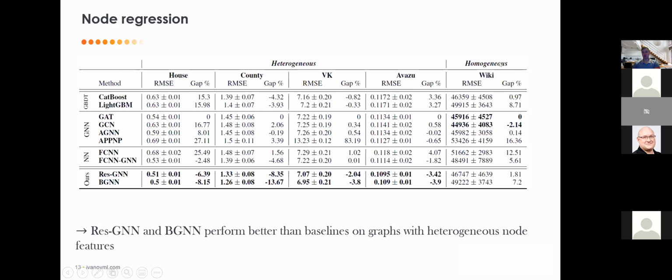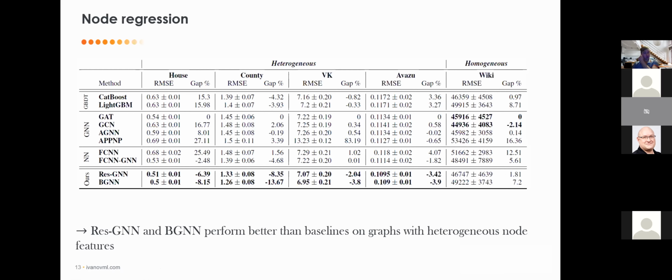And for the homogeneous dataset, which is the Wikipedia datasets where the node features are the bag of words for each Wikipedia article, we get somewhat close performance for REST-GNN and a little bit worse performance for BGNN.